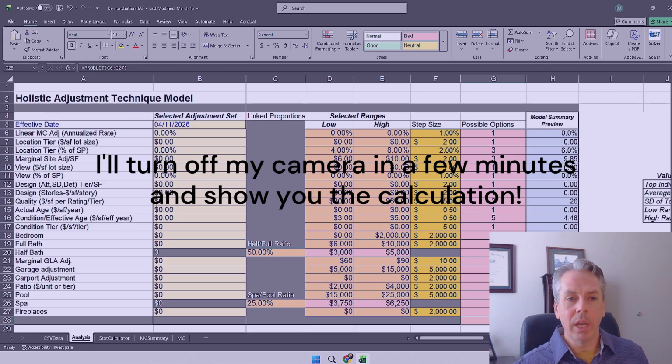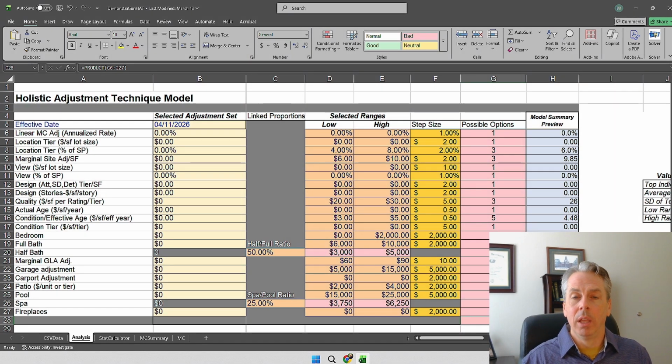Well, when I actually look at the product of all those options, the way I have this solution space set up right now, there are 58,320 options. So think about the magnitude of testing that many solution sets or adjustment sets. It's too many.